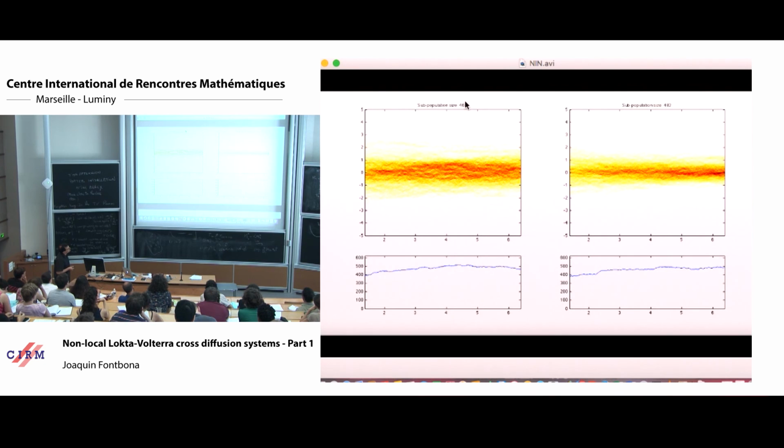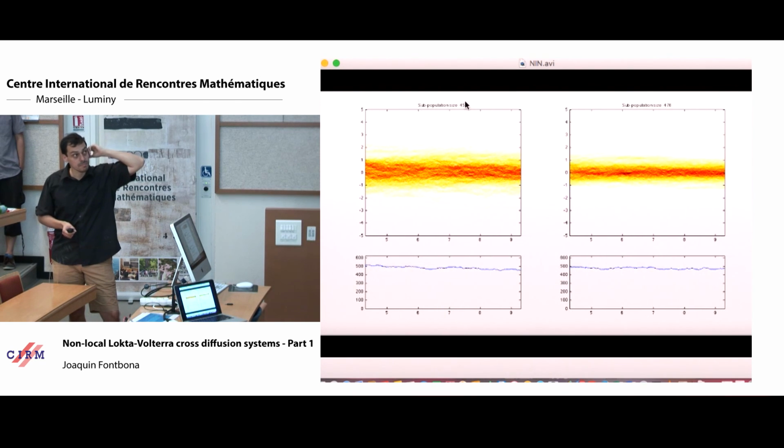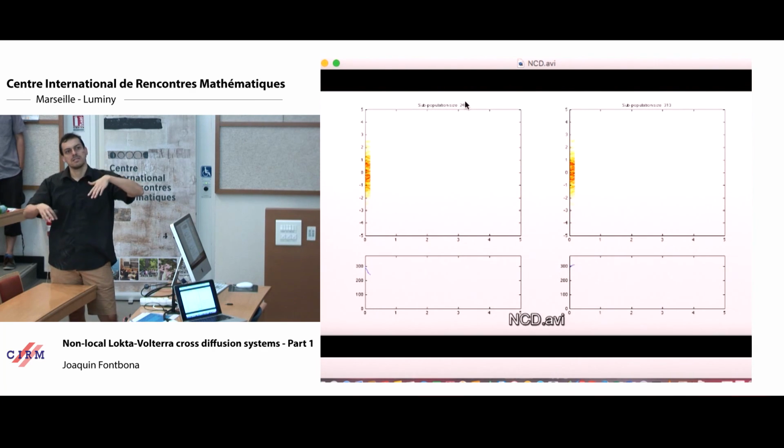Each of the populations will be concentrated around the well of the potential. Here the potential is steeper, so you're more concentrated. If I have no interaction, the population more or less stabilizes, but at the end they will die in any case.